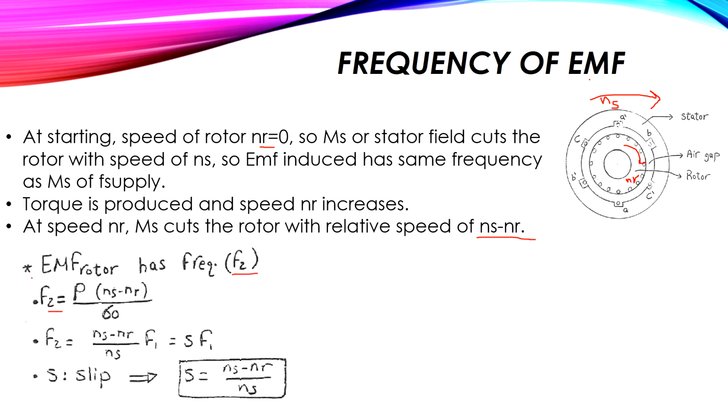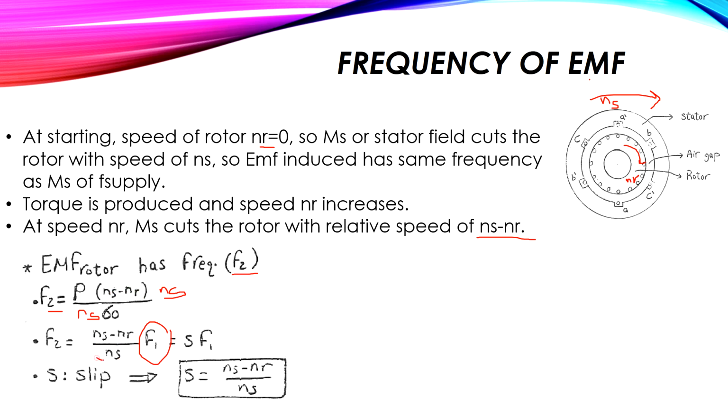We said that the frequency is equal to np over 60. But the speed here will be the relative speed, because it depends on the rate of cutting. So it will be ns minus nr. If I multiply and divide by ns, we will have p ns over 60, which is the frequency f1, or the supply frequency, times ns minus nr over ns.